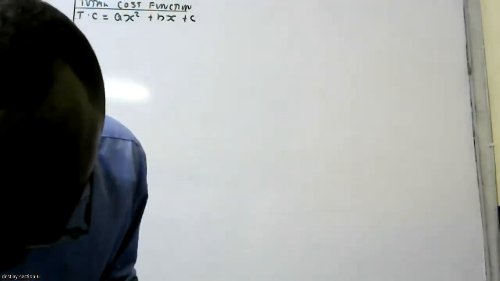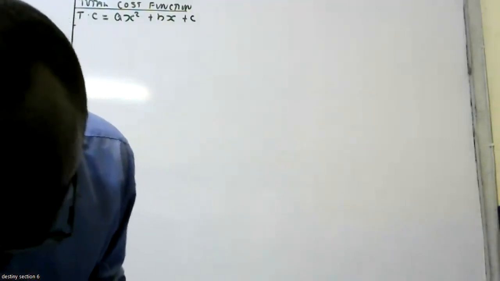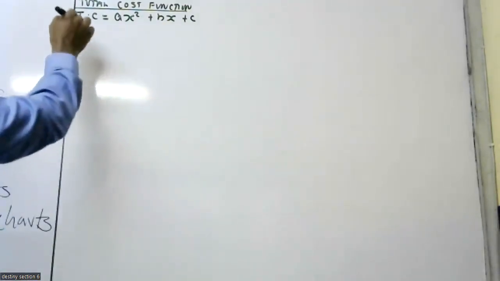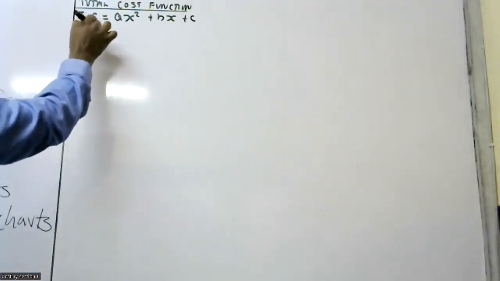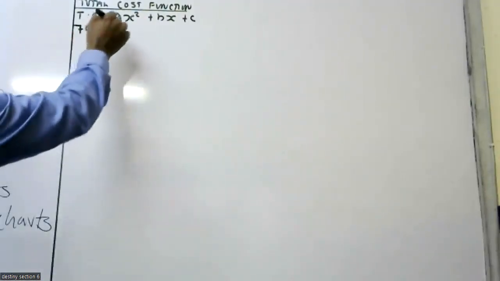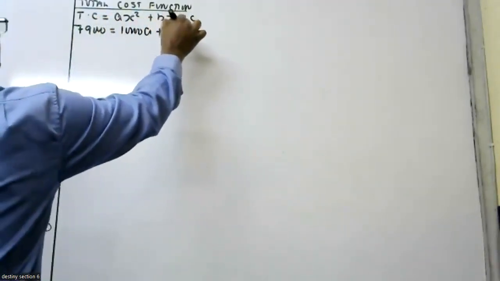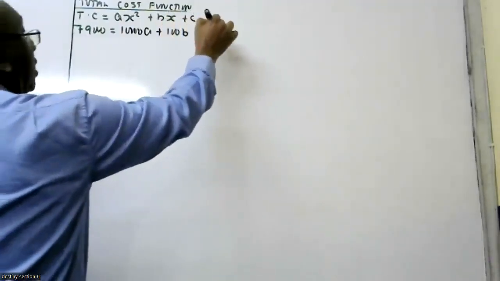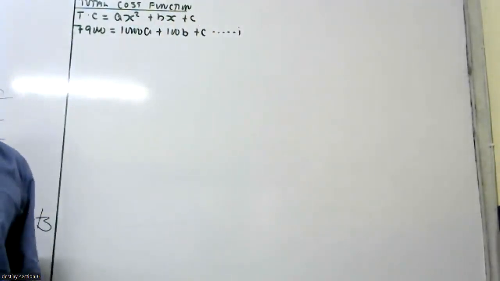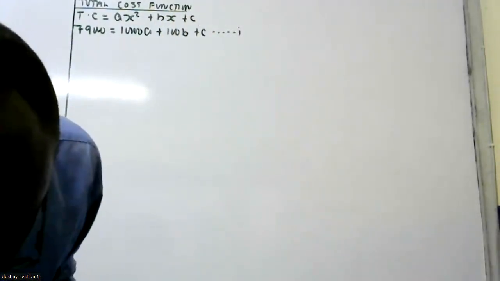So we take the first one, 79,000 is equal to, 100 squared is 10,000, so this will be 10,000 A plus 100 B plus C. You call it equation number 1.